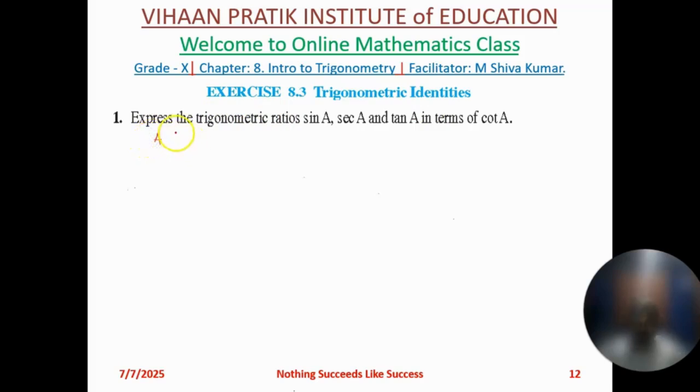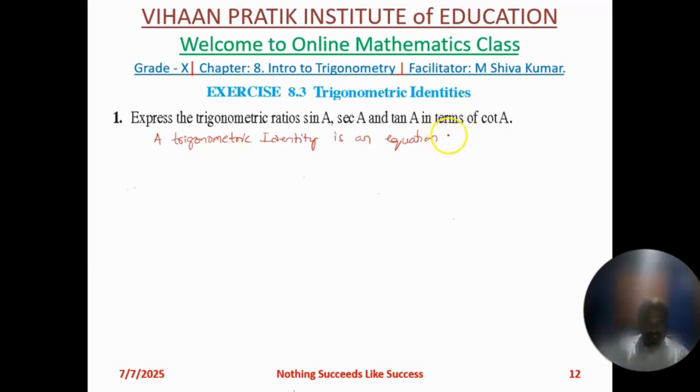A trigonometric identity is an equation which consists of both LHS and RHS, and both LHS and RHS are equal.